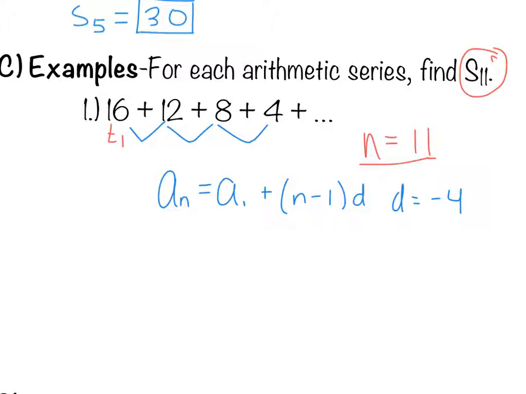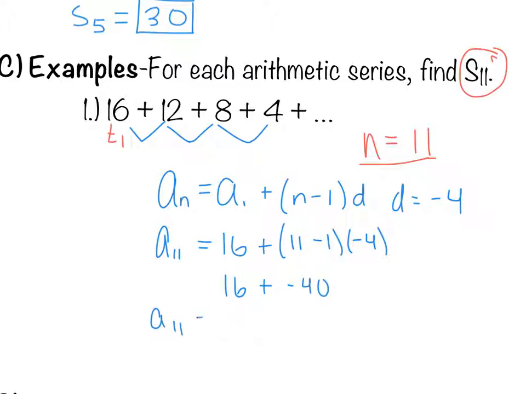If I want the 11th term, because that's the last term and the one I need, a sub 11 is a sub 1, the first term, plus n, which is 11, minus 1 times -4. 11 minus 1 is 10, 10 times -4 is -40, so 16 plus -40 means a sub 11 is -24.